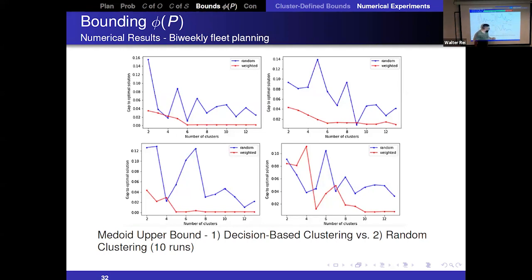In the first 3 instances, at 6, we were already down a lot in terms of the gap. So that was quite nice. Reducing from 100 scenarios to 6 in this case, and getting a solution that is close to optimal, the clusters were providing a lot of value.